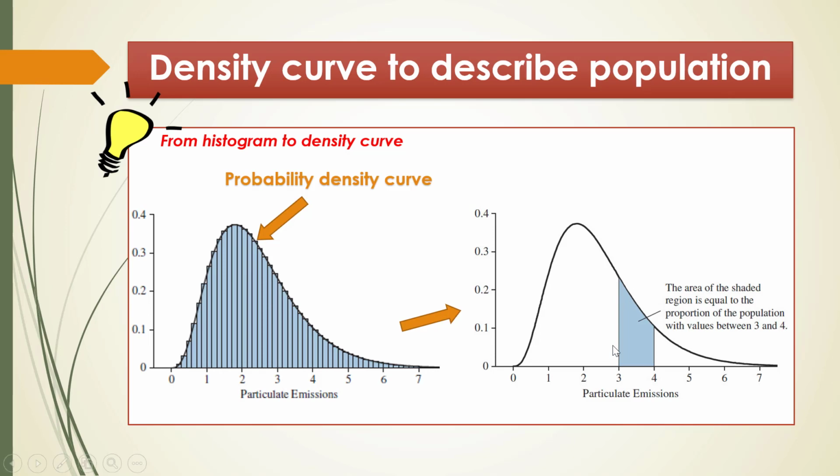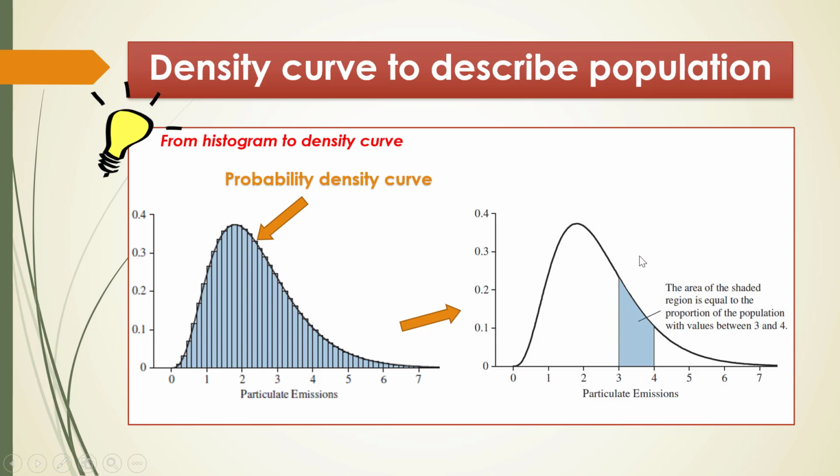The area under the density curve between two distinct points, a and b, has two interpretations. The first is that this area represents the proportion of the values from the population that have values between 3 and 4.